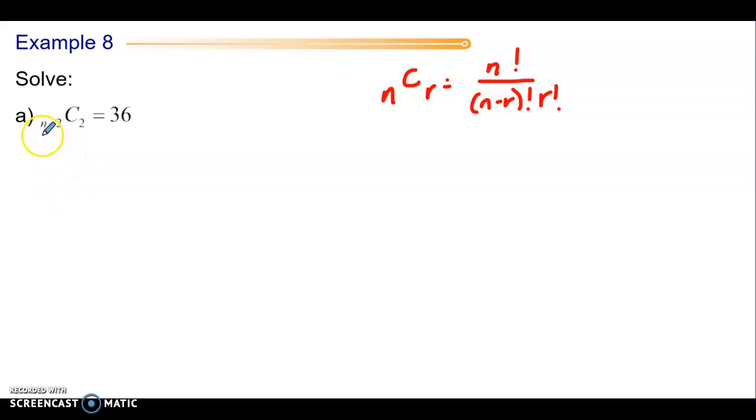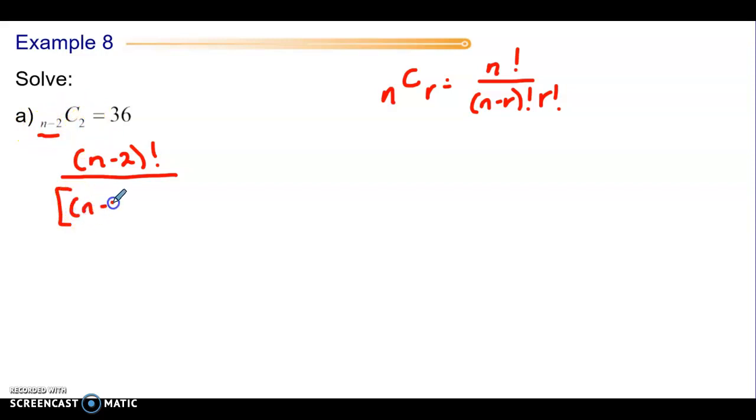We start with (n minus 2) factorial. Be very careful on the bottom. We have n minus r: whatever is here, subtract whatever is here.